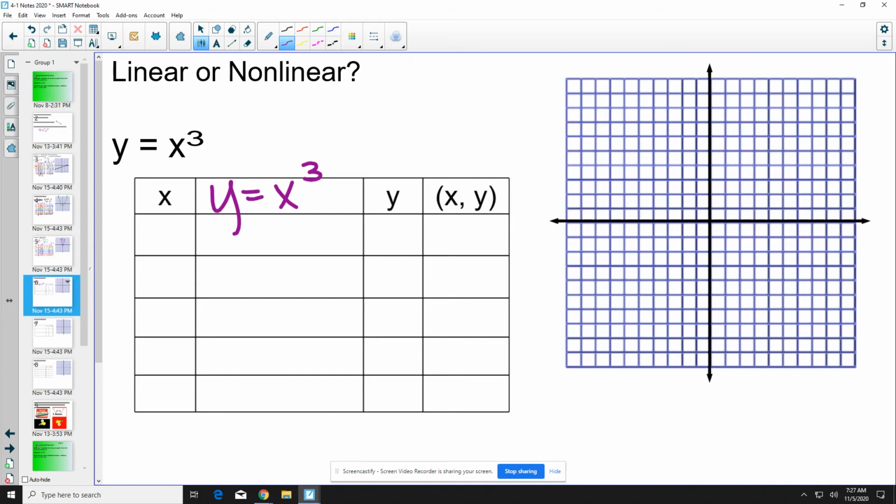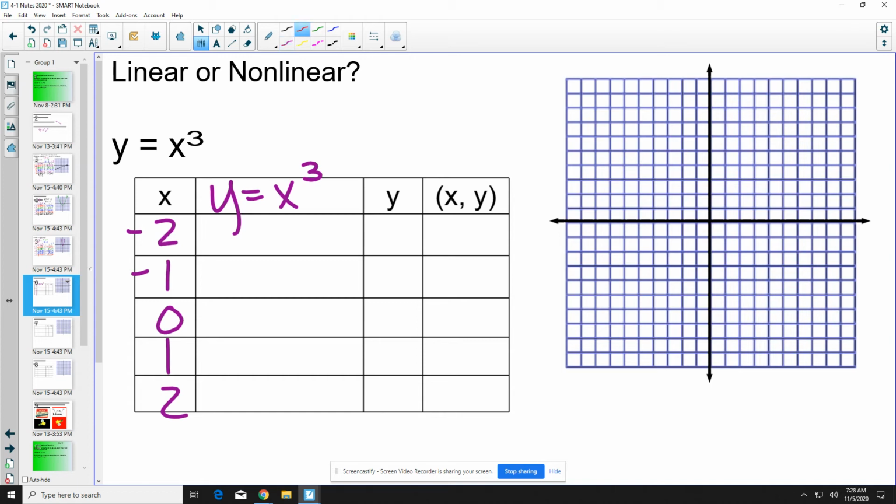Okay, now that you're done, let's pick some values for x. It's always good to pick some positive and negative numbers. So let's just do -2, -1, 0, 1, 2. Sometimes if we pick too large of numbers, our points aren't on our graph, they go way off. So let's pick low numbers.